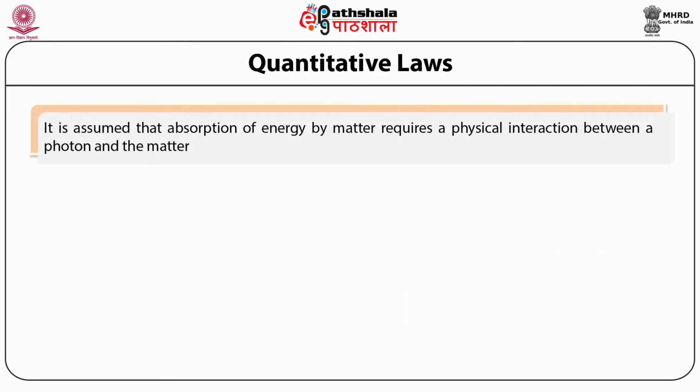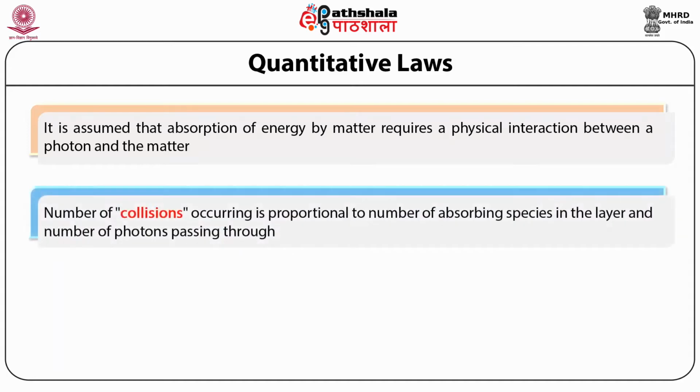Here it is assumed that the absorption of energy by the matter requires a physical interaction between a photon and the matter. As a result, the number of possible collisions occurring in this layer is proportional to both the number of absorbing species in the layer and the number of photons passing through it.